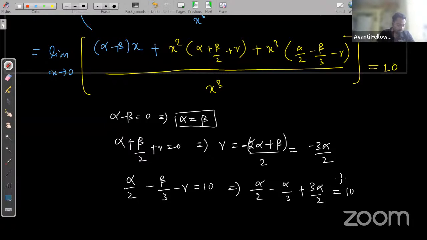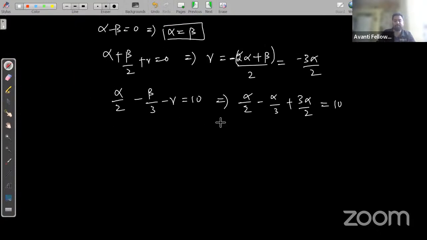So if you are taking this, then what is the value of alpha you are getting by solving this? This will be 3 alpha minus 2 alpha plus 9 alpha is equal to 10.